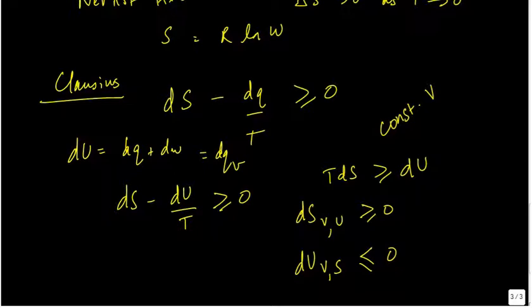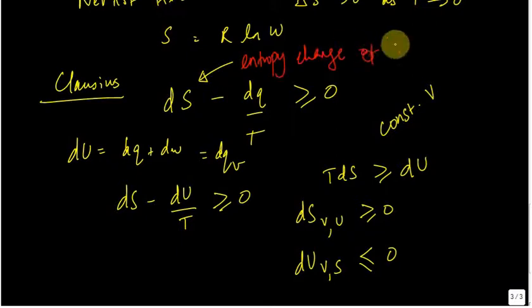So look at the two things. The first one you have seen a number of times. The first one says that, okay, when I'm talking of dS, one should remember that this is entropy change of the system only, right?